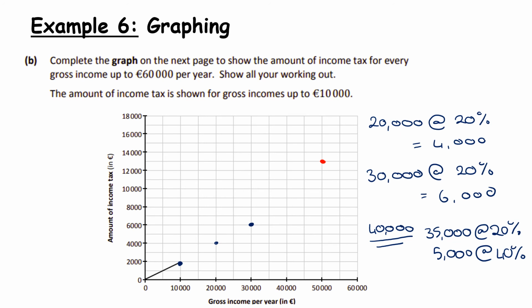So what happens, and I'm going to put in a dotted line here, what happens at this point here? Okay, and that's 35,000. That was where the rate changed. So what's going to happen is we have a line going through the 3 blue points, but everything will change when we get to 35,000.